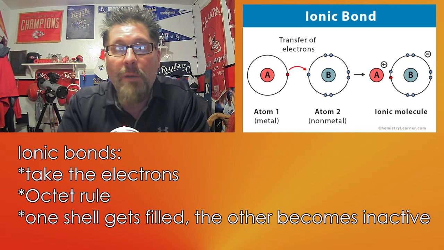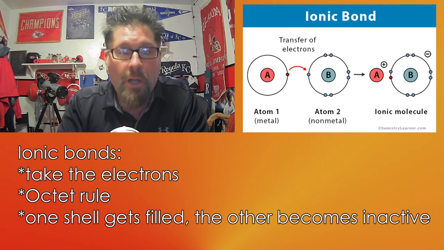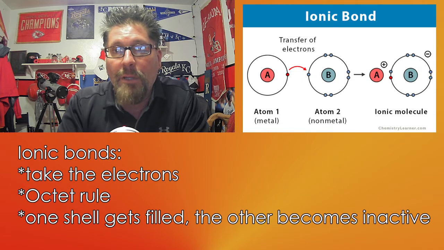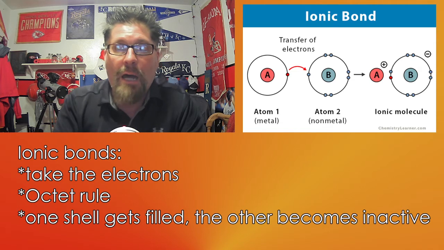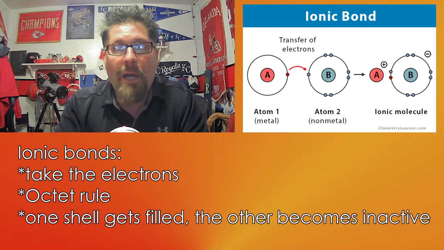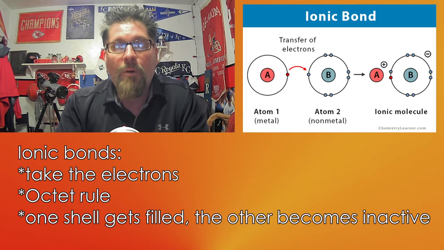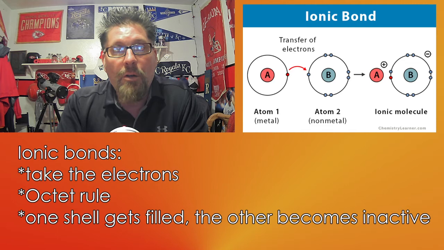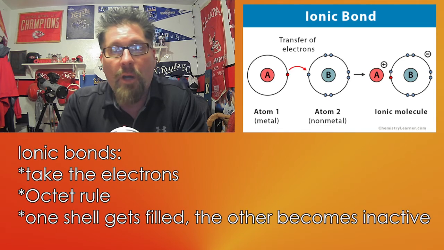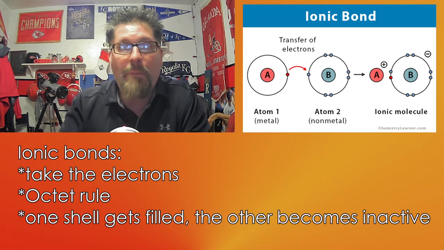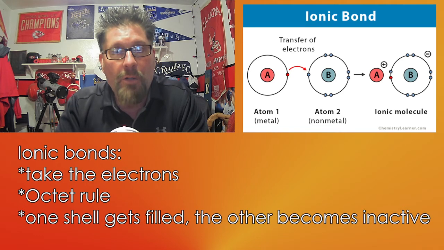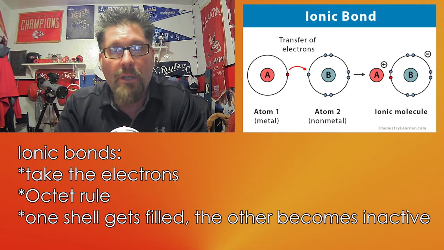Atom B will physically pull the electron away from atom A, and atom B now has a full outer shell, and atom A will fall back to an earlier, closer ring that is already full and meet the octet rule in that manner. So that's the idea of an ionic bond, the gaining, taking, or losing of electrons.